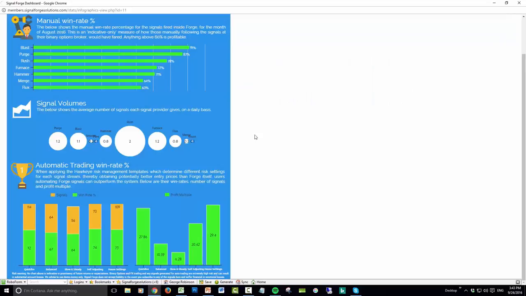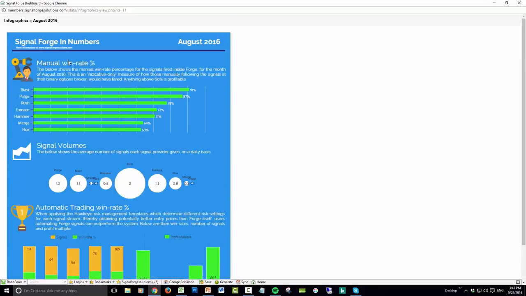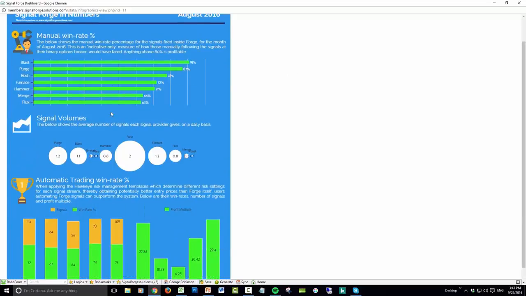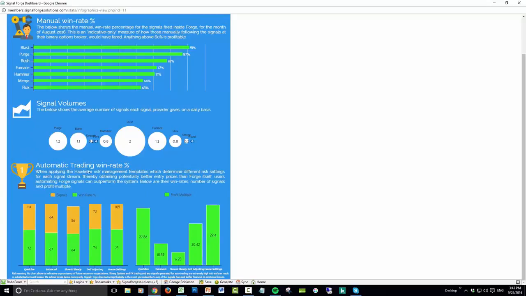The last full month was August, so we look at that. You can see the manual percent win rate, the volume of trades, the automatic win rate, based on these settings. So we've got the quickfire, balance, slow and steady, self-adjusting, and house settings. So it gives you here the amount of signals and the percent win rate based on those settings. So it's a combination of all those different systems that are running based on their risk settings, gives you this overall outcome.